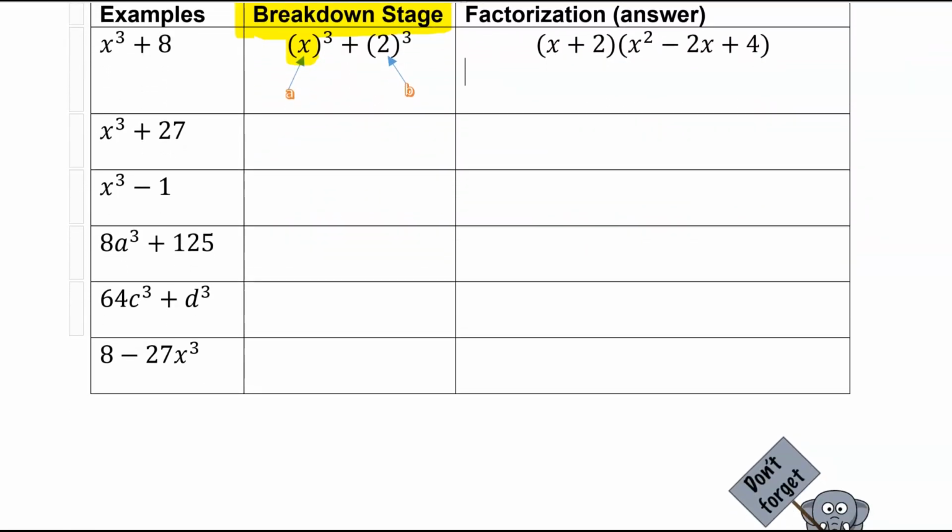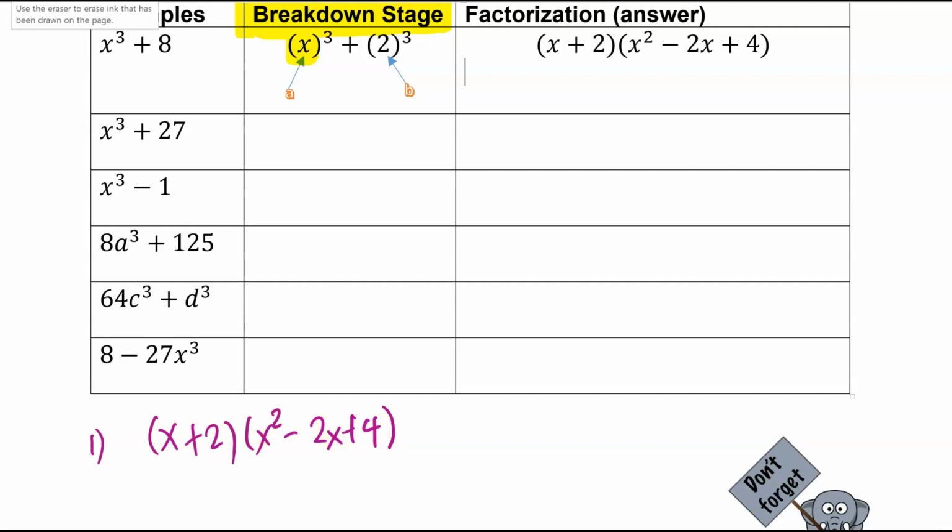So we have number 1, let's multiply x plus 2 times x squared minus 2x plus 4. So you're going to take everything on the left side and multiply it times everything on the right side.